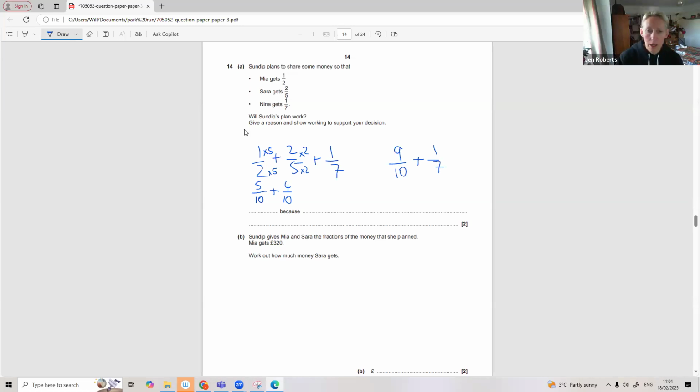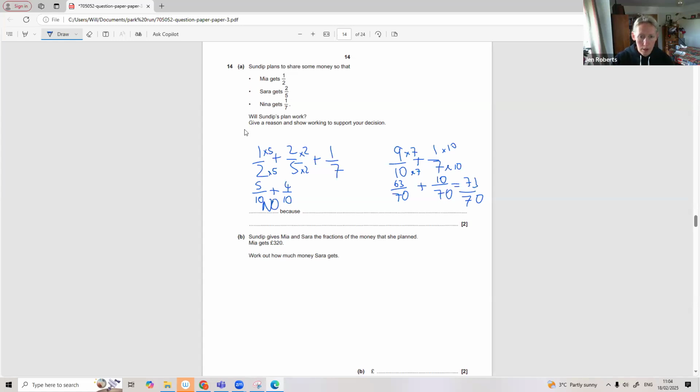Which gives you 9/10, add 1/7. Our common denominator here is 70. I'm going to multiply these to make them into equivalent fractions with 70. Multiply both of those by 7. Multiply these by 10. I get 73 over 70. So will his plan work?